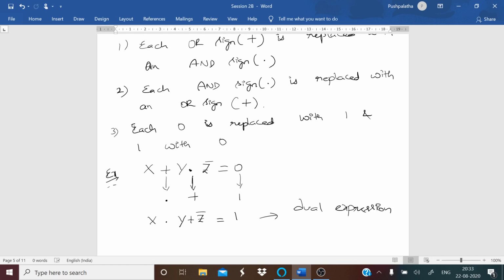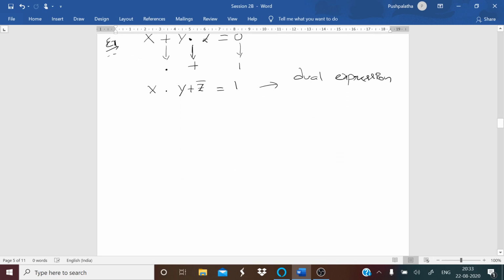Okay, so as we said earlier, you can start with one relation and you can get another relation. Now for example, you say 0 into 0 equals 0. 0 into 1 is 0. 1 into 0 is 0. 1 into 1 is 1. This is your AND operation, right?